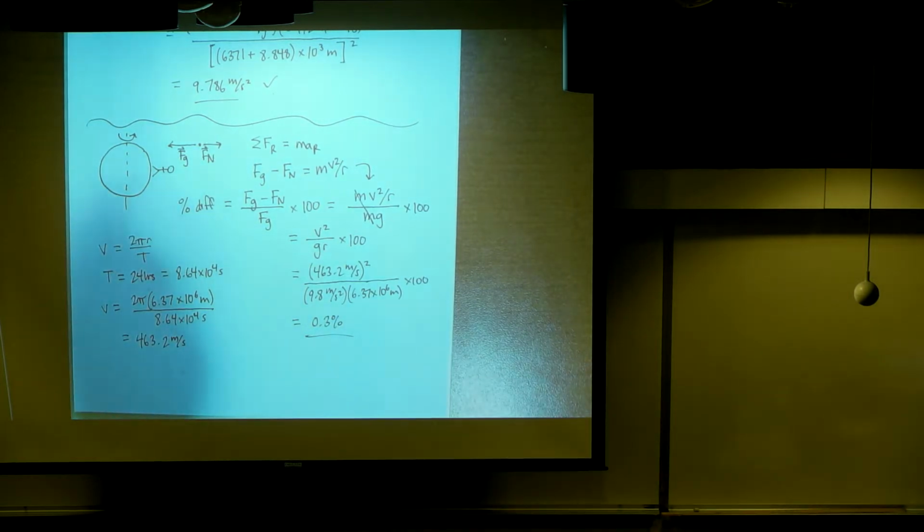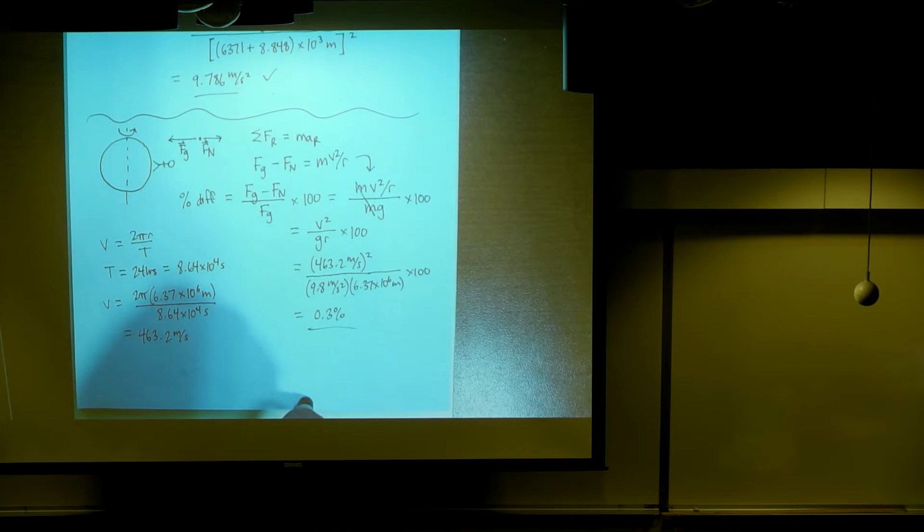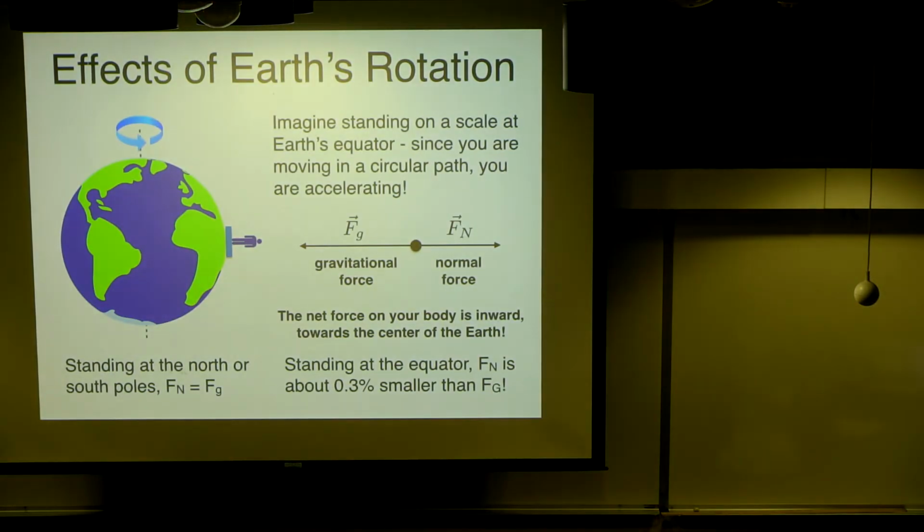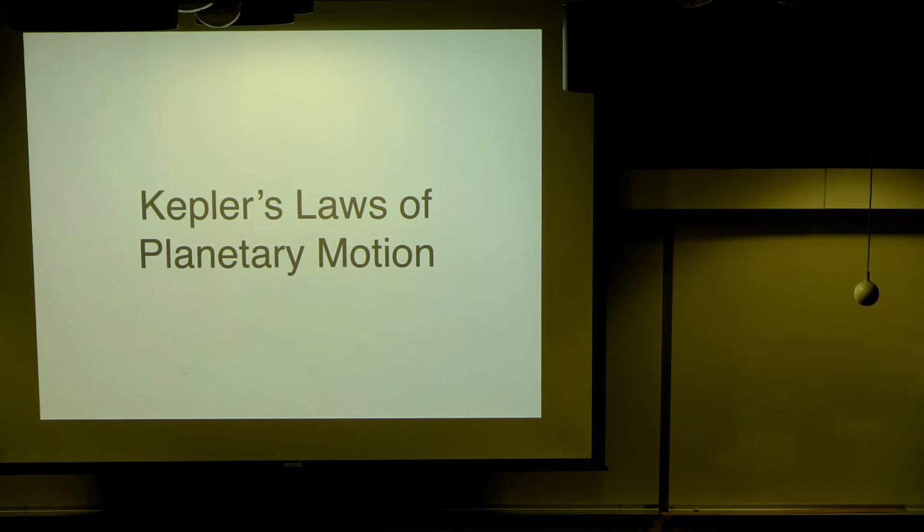Okay, so that's that. And that takes us to the next topic, which is Kepler's Law. I did mention this at the very beginning of the lecture, like last week. But basically, I'm going to teach you about some physics here that comes even before Isaac Newton, okay?